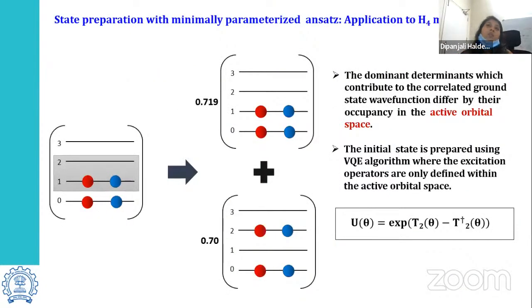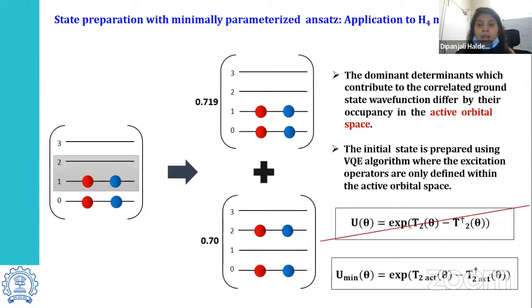So now we aim to reduce the cost of initial state preparation. So what we do is that we choose only a subset of T2 operators rather than taking all the double excitation operators. So our ansatz now looks something like this, because we only work with the excitation operators that are defined within the active orbital space.